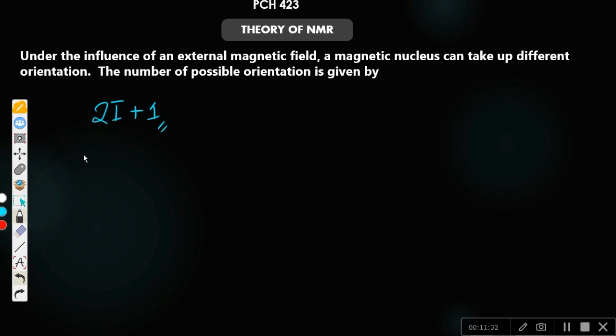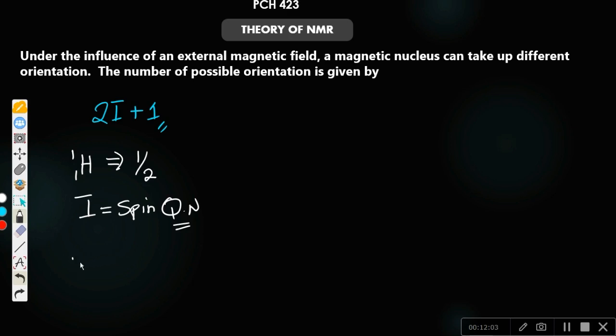Now, let us take a proton. The spin quantum number for proton is 1/2. Of course, please remember that this I we are talking about here is the spin quantum number. So for proton, whose spin quantum number is 1/2, wherever you see I, you put 1/2. How many different orientations do you think this will be?